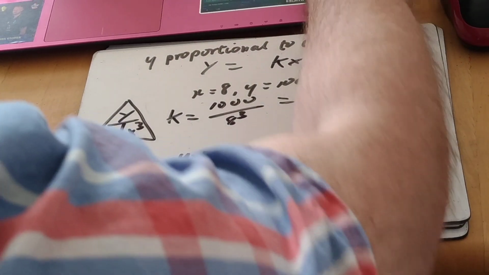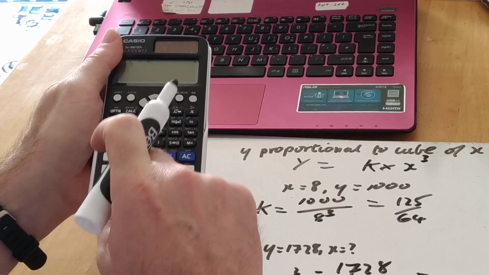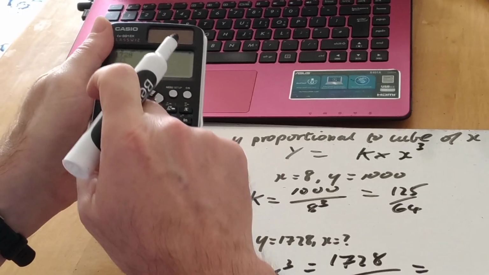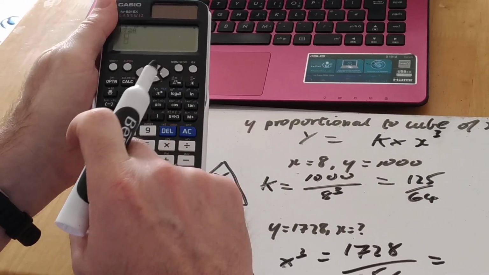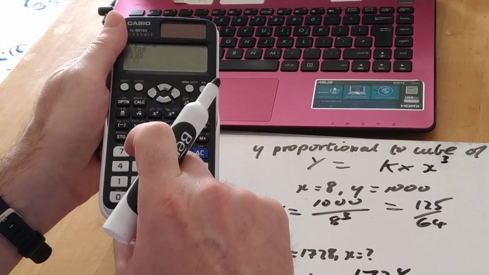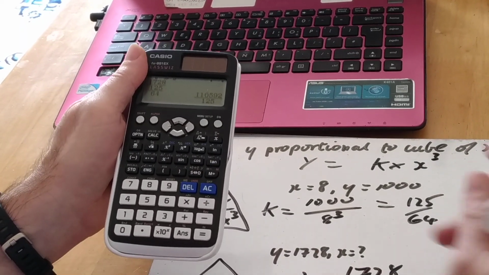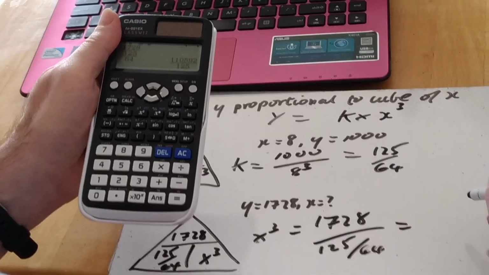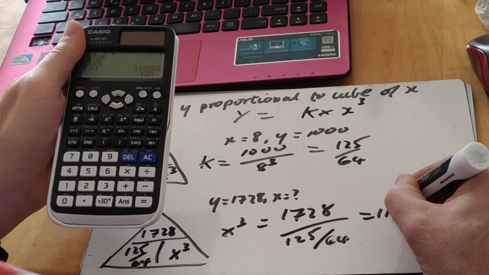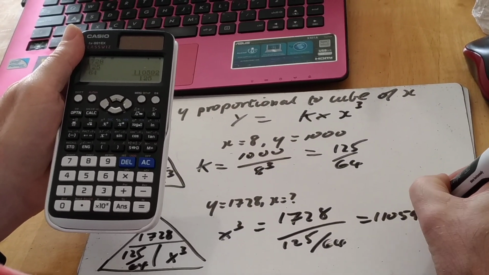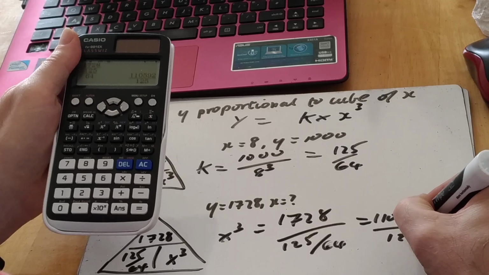I knew I'd need this eventually. Fraction 1728 on the top, on the bottom is a fraction as well, 125 over 64. Oh gosh, that's a bit of a mess. And then 110592 all over 125, but that's x cubed.